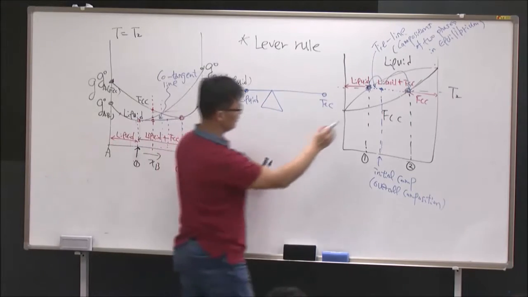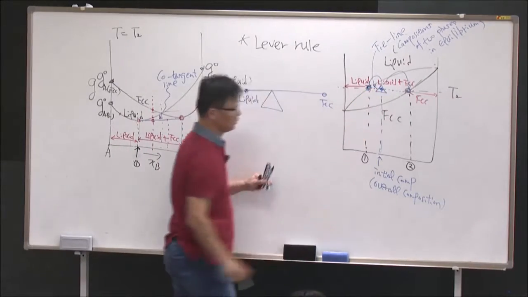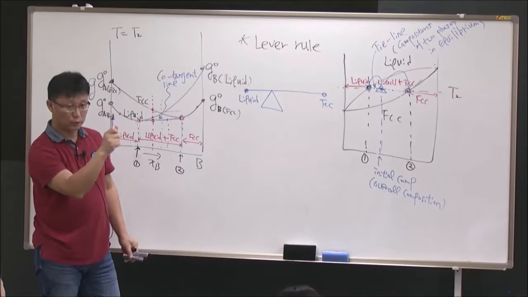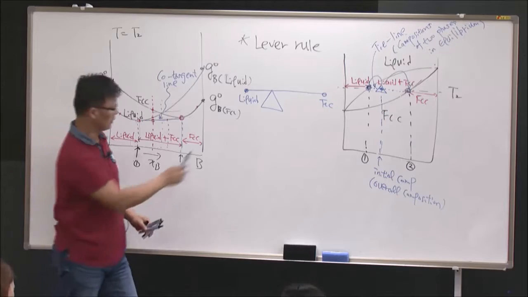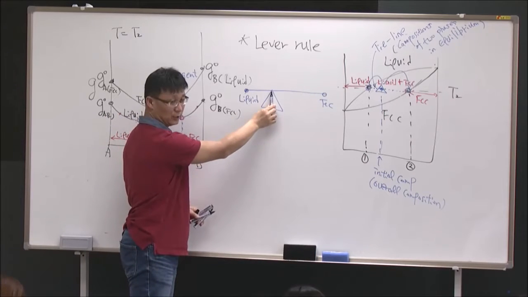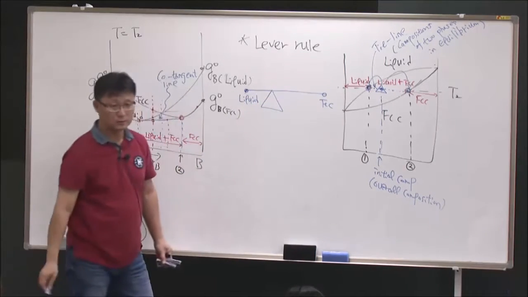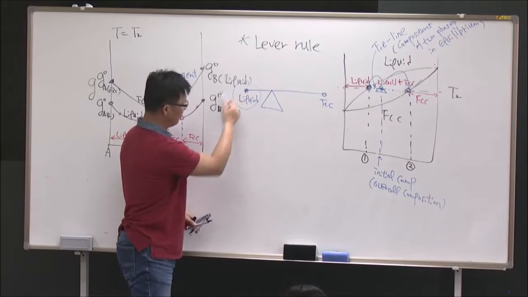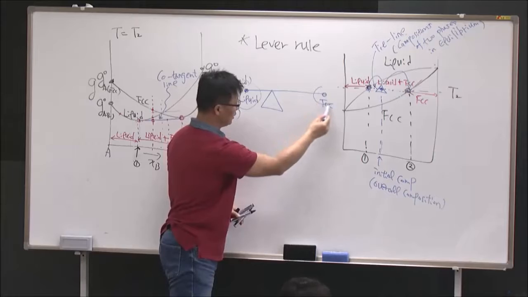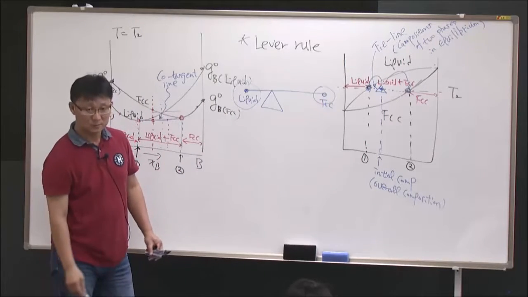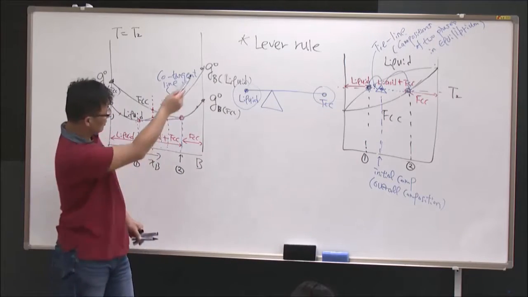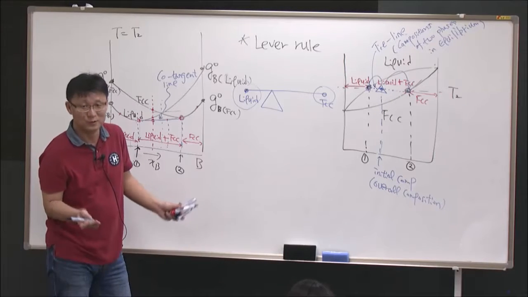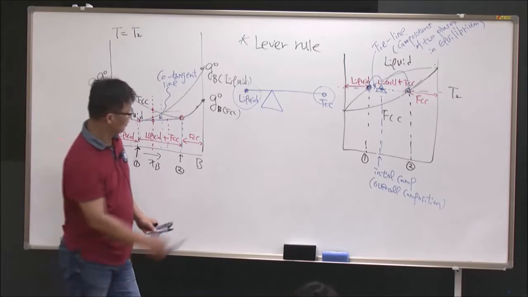This is the origin point of my seesaw, so the stand of the seesaw is here. Then you can think about how much weight I have to have for the liquid phase and how much for the FCC phase. That's the lever rule, the seesaw rule. Okay?